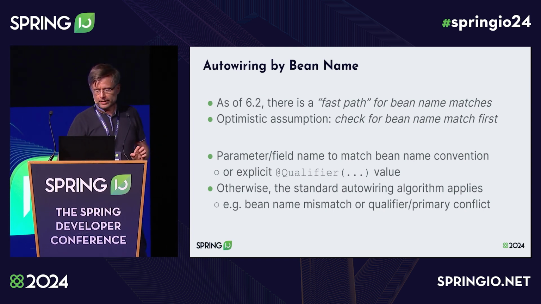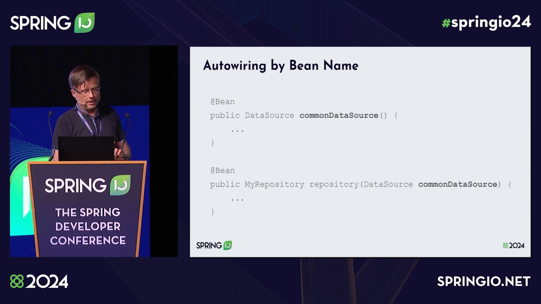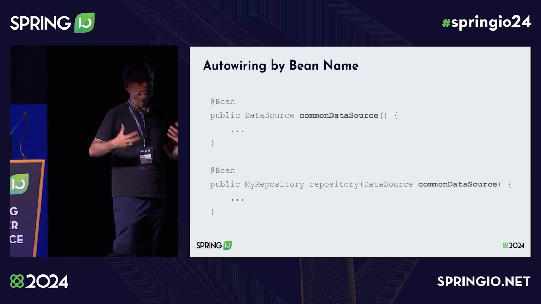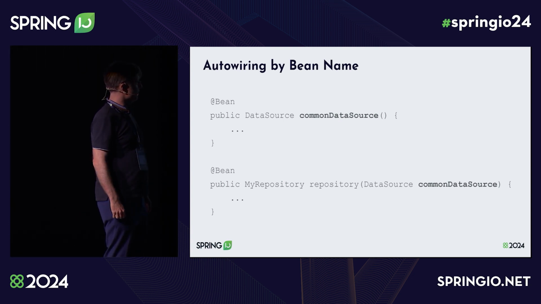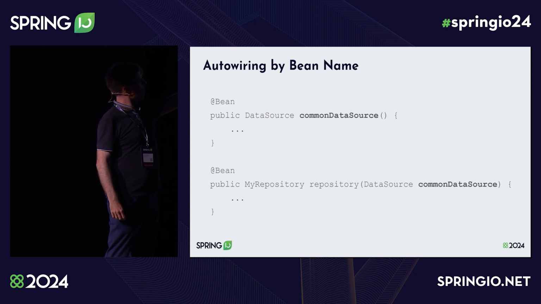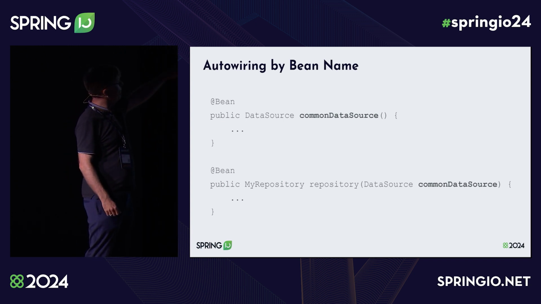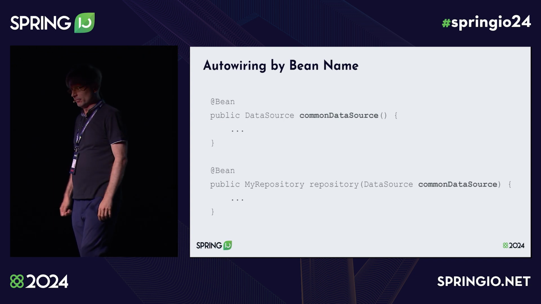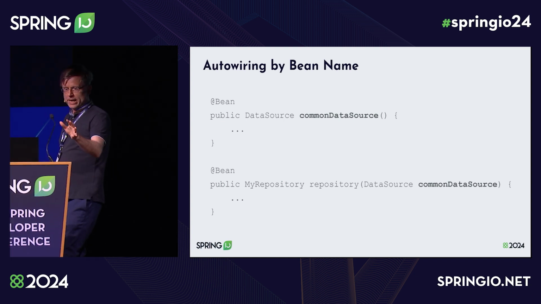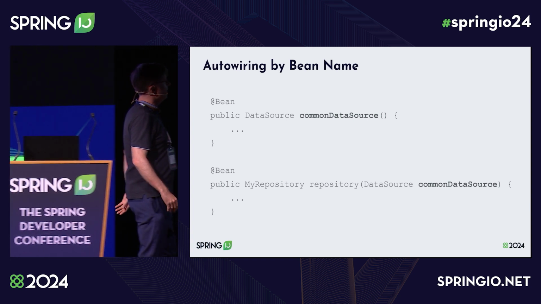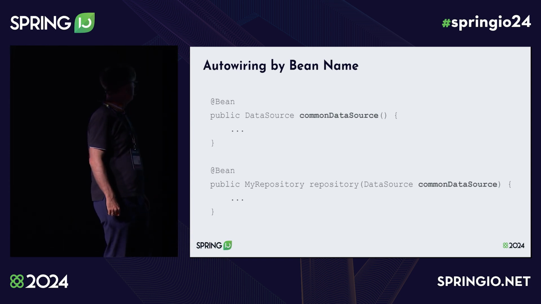So what does this look like? The explanation probably sounds way more complicated than it actually is in practice. Just declare your parameter name, like down here, with the very same name that you use for the bean name. For @Bean methods, that means the @Bean method name needs to match the parameter name of where you're actually using that thing.